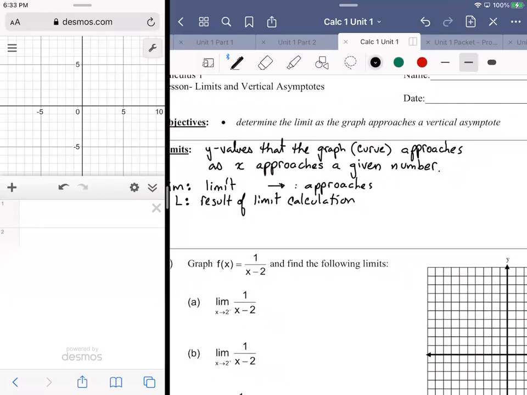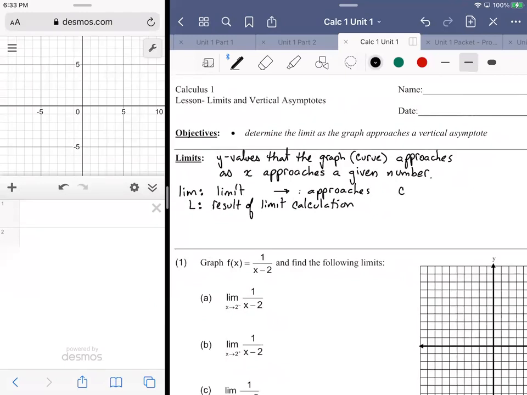So let's say we have some constant C, right? C represents a constant. C with a little minus after it means C from the left.